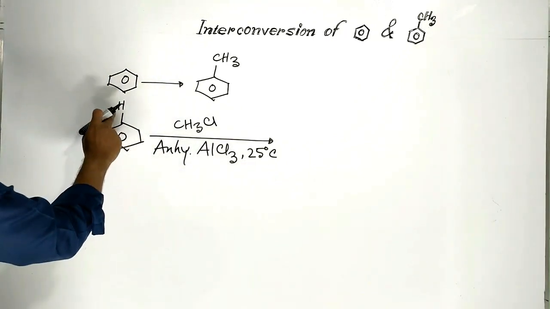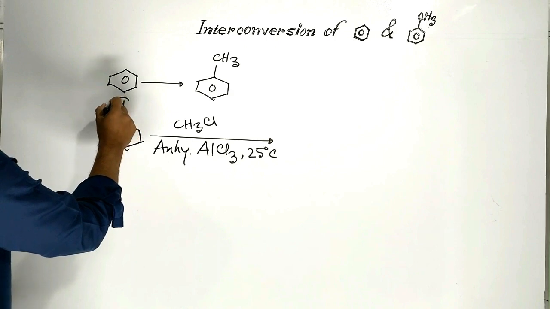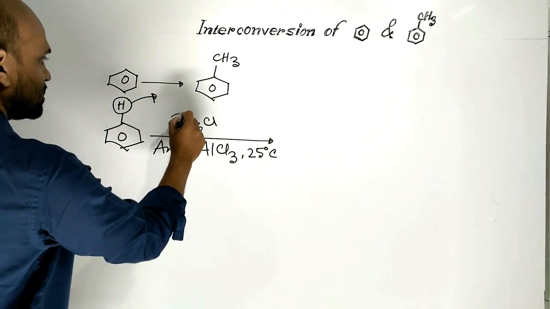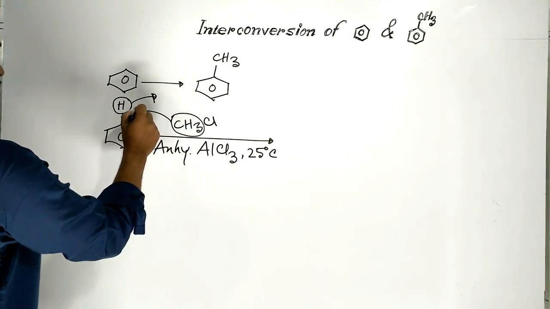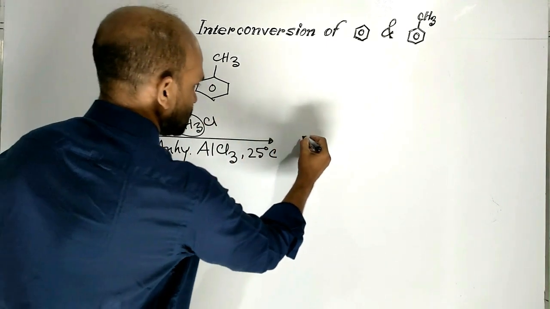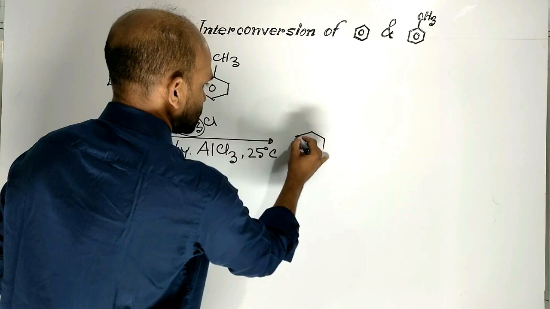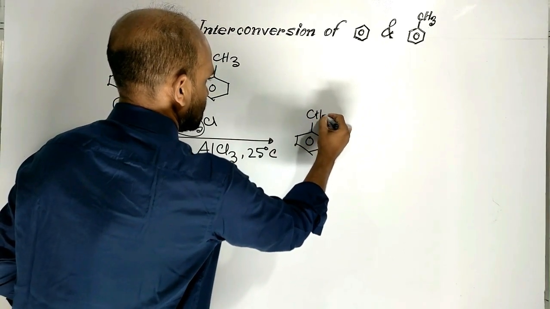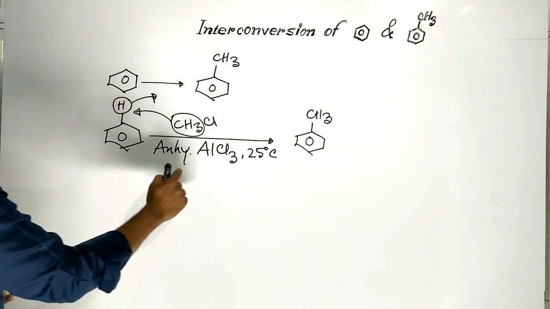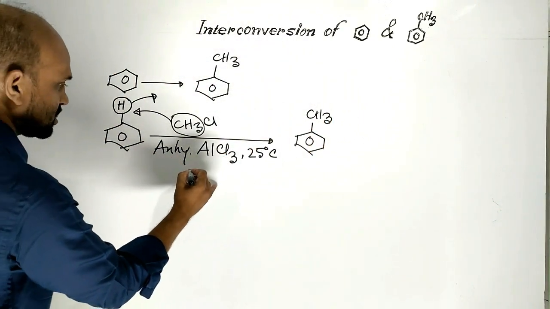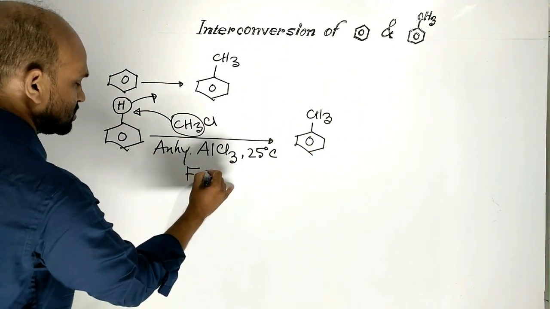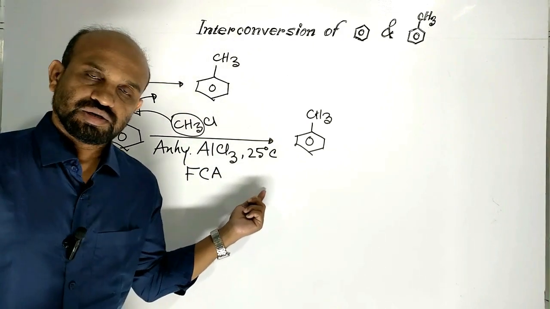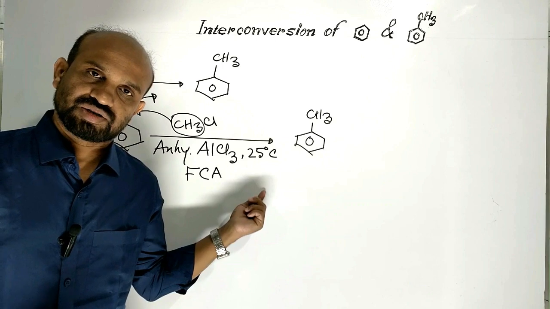Then one hydrogen atom of benzene is replaced by methyl group to form this compound, toluene. This is a kind of Friedel-Crafts alkylation.